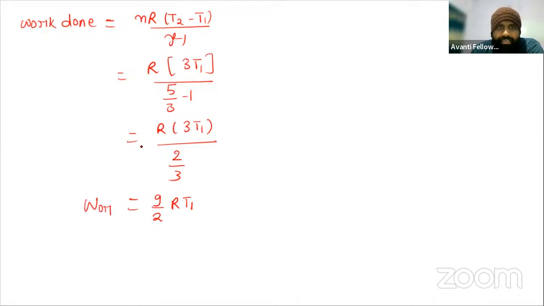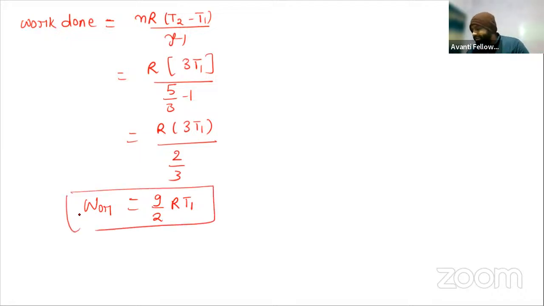You have made some mistake, I think. Yeah, I think you have used plus, na? Or let me check. Just a second. Let me check whether the work done I am getting is wrong or not. Just give me a second.